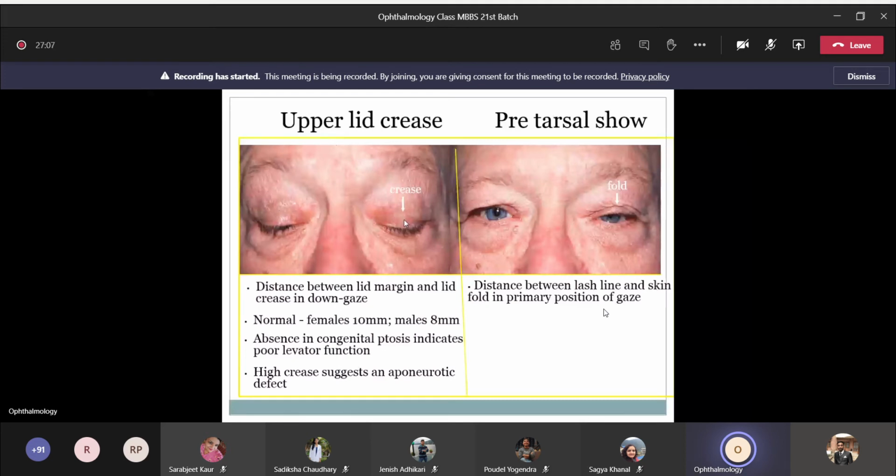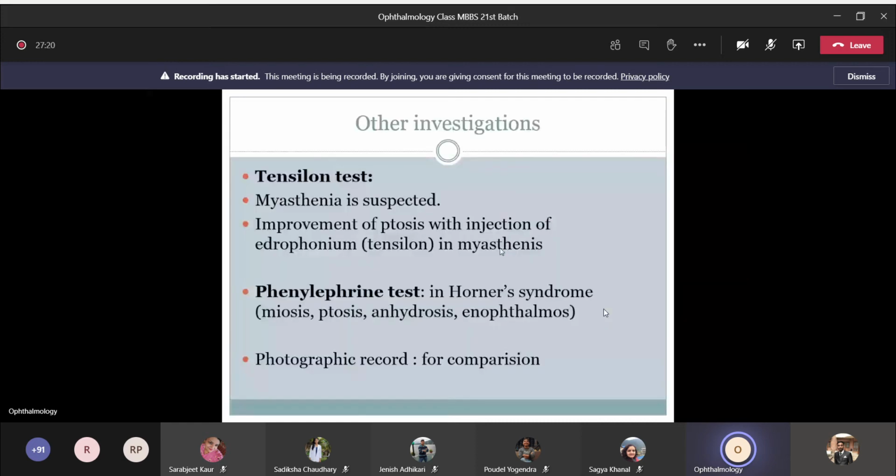And if it's high crease, then it suggests aponeurotic ptosis. And pretarsal, so the distance between lash line and skin fold in primary position of gaze has to be also measured. And other investigations like tensilon test, phenylephrine test is also done in case of ptosis. If myasthenia is suspected, then tensilon test is done.